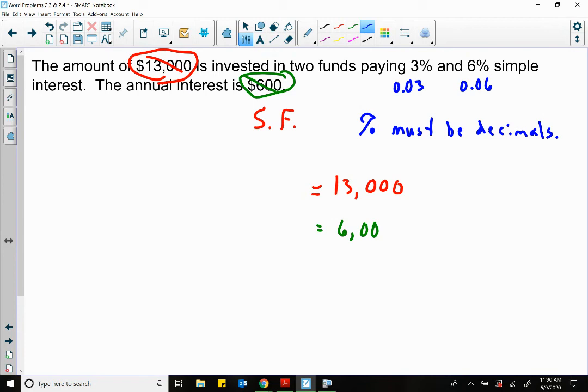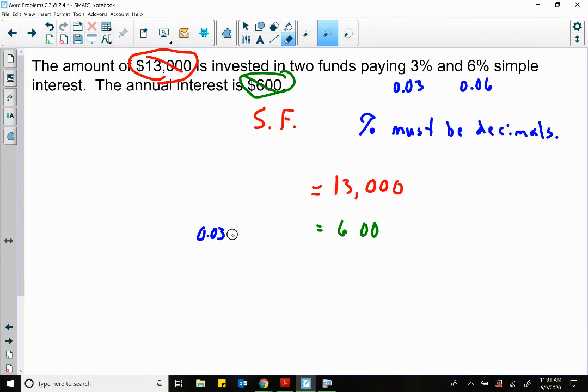Now the question is, do you know which equation those two numbers go for? Hopefully you said that they go into the 600. It's just 600, not 6,000. Reason being, these numbers are all about interest. What is the 600 about? Interest. So you're going to have 0.03, and you can call it X, or because this is 3%, I'm going to call it T for 3.